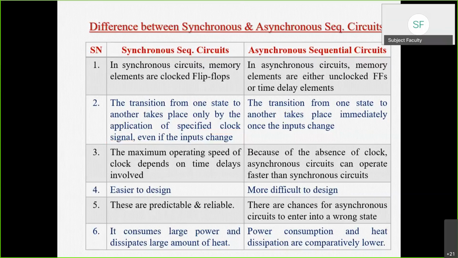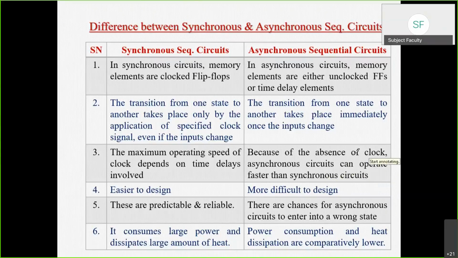Then the third one is that the maximum operating frequency, or the maximum operating speed of the clock, depends on the time delays involved. In an asynchronous circuit, because there is no clock, the output can change immediately once the inputs are changed. So an asynchronous circuit can operate faster than a synchronous circuit.